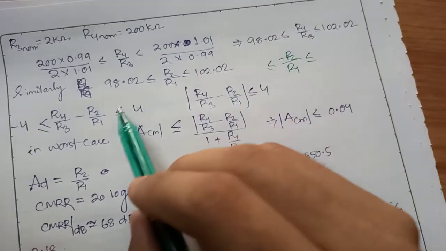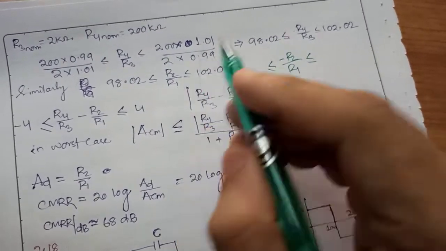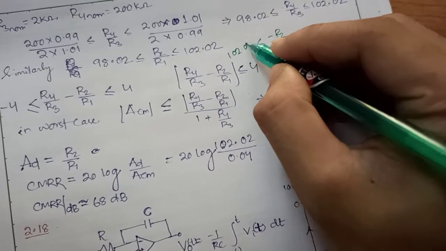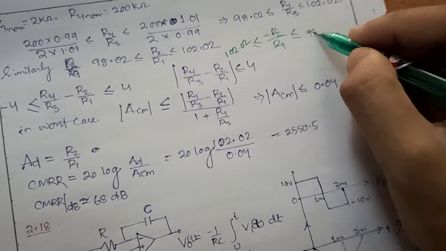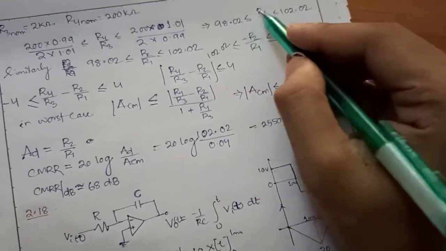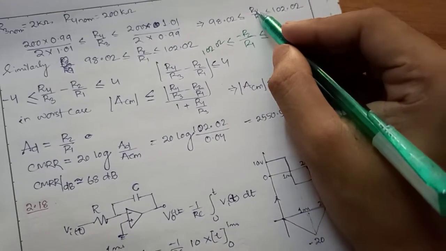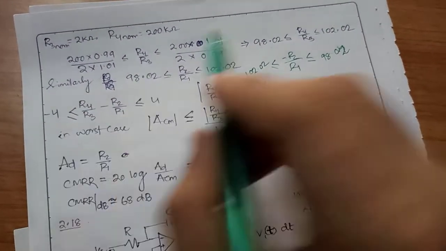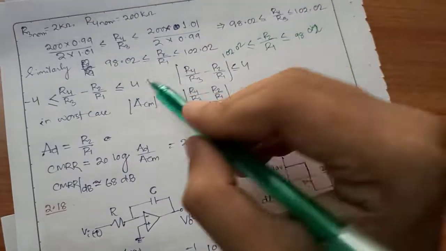So it will reverse means this value minus, here it will become 102.02, here it will become 98.02. Okay, this is the value. So if I subtract this from this, it will give me a value minus 4, and at the left hand side I will get a positive 4, plus 4.